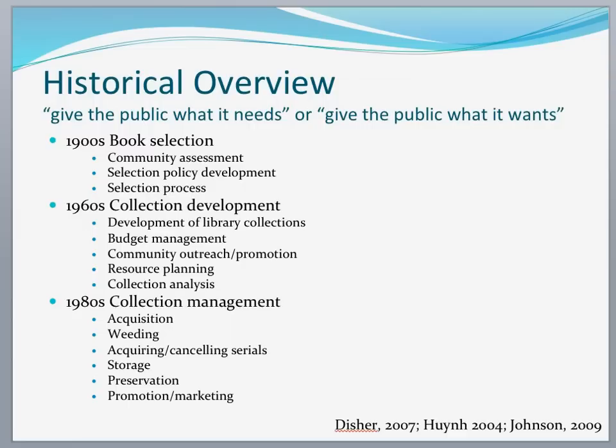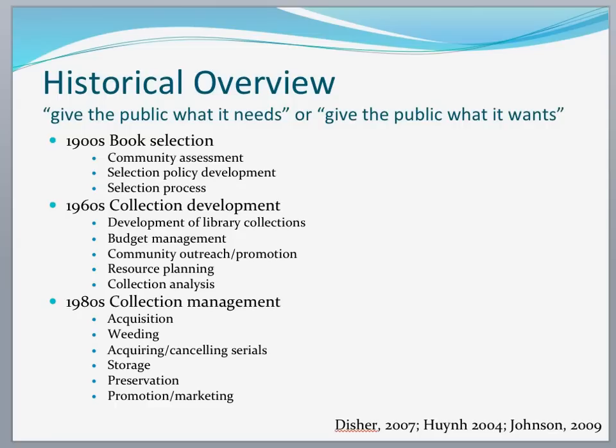Historical overview. Give the public what it needs, or give the public what it wants. And here we can see how collection development has evolved through time. In the 1900s, in terms of books, we have book selection, community assessment, selection policy development, and selection process.